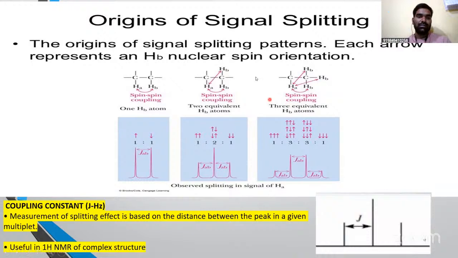So this is the 1:1 splitting in the signal of Ha due to Hb, where one spin is up and one spin is down. Here both spins are up and both spins are down, and you can observe one spin up, one spin down. Here you can observe 1:3:3:1. These are the ratios you can observe from this.